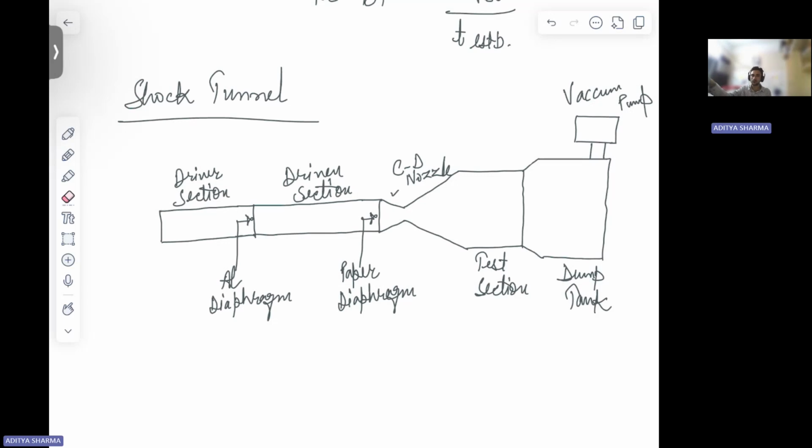Then again you get a shock from the paper diaphragm, and this propagates in the CD nozzle, and eventually you have this hypersonic flow in your test section, right? And then there is a dump tank for the gas to eventually go into. So this is your shock tunnel.